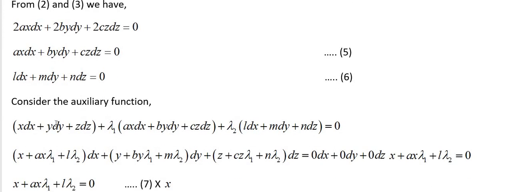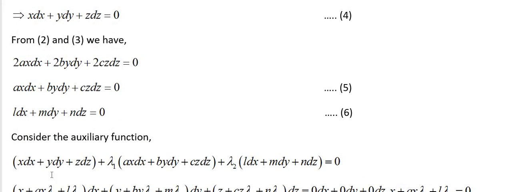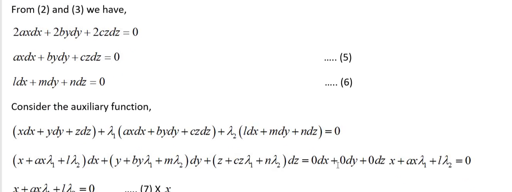Now I am going to consider the auxiliary function. Observe, this is the differentiation of the given function plus lambda 1 into differentiation of the first condition, plus lambda 2 into differentiation of the second condition, equal to 0.